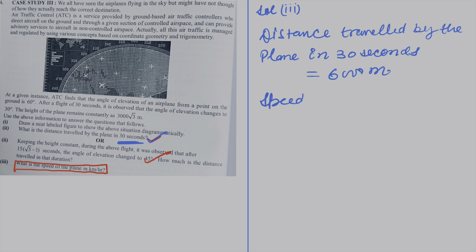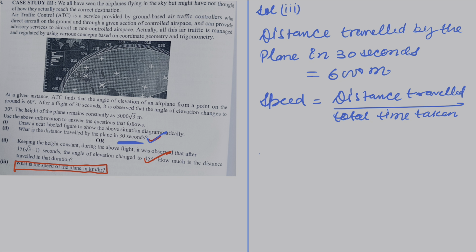So speed, as we know, equals distance traveled upon total time taken. So speed will be equal to distance traveled, that is 6000 meters, upon total time, that is 30 seconds. Now see here, what is asked is speed in kilometers per hour. So we have to change this meter into kilometer.